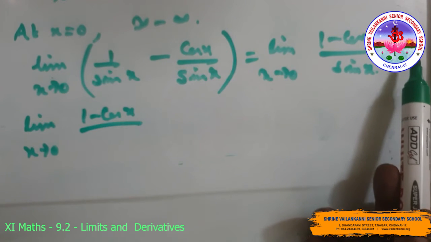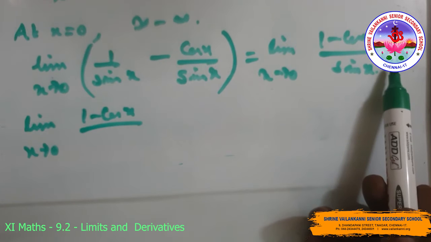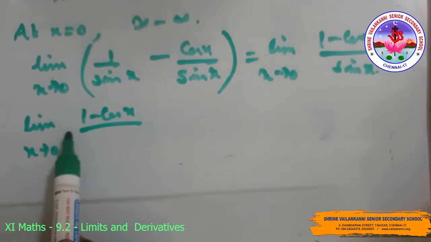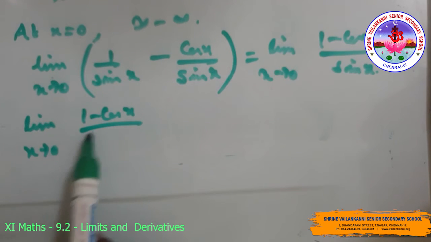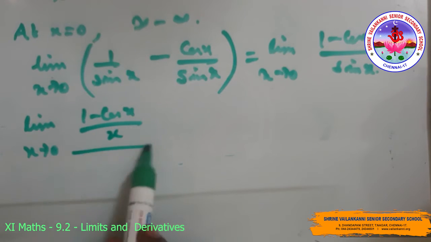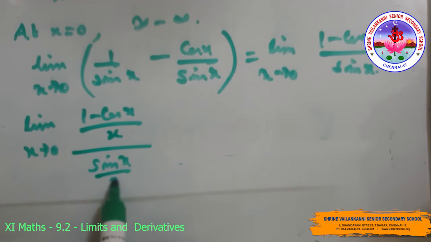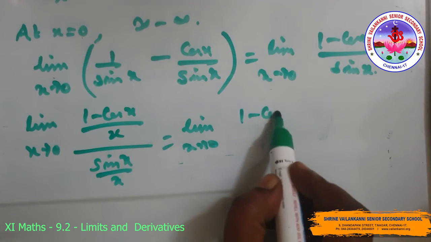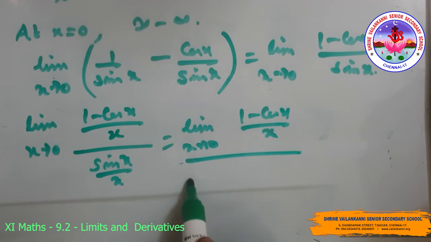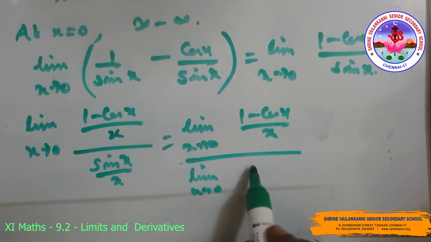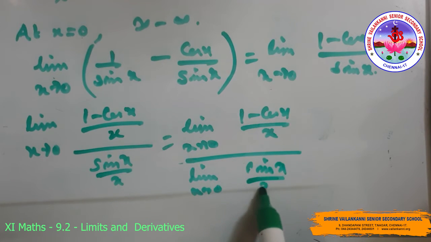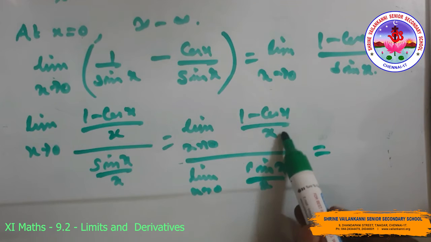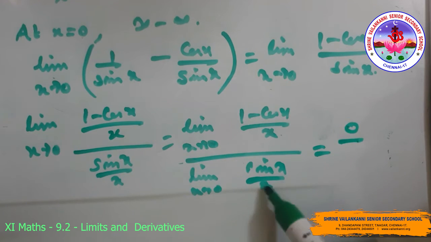Multiply and divide by x so that we can write the result in the form limit x tends to 0, 1 minus cos x by x over sin x by x, which is equal to limit x tends to 0, 1 minus cos x by x divided by limit x tends to 0, sin x by x, where 1 minus cos x by x is 0 and this is 1.